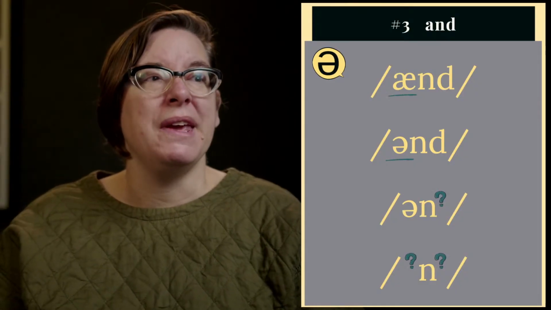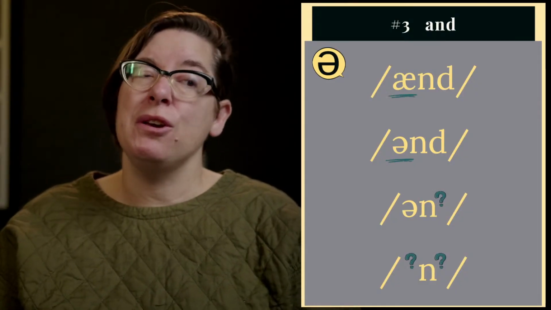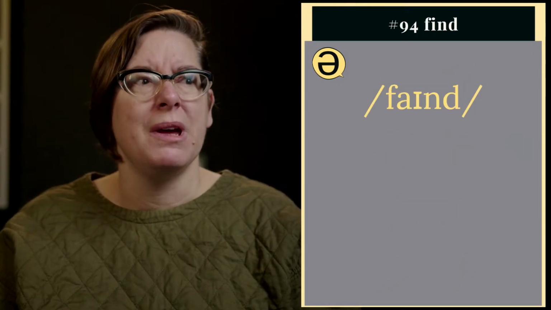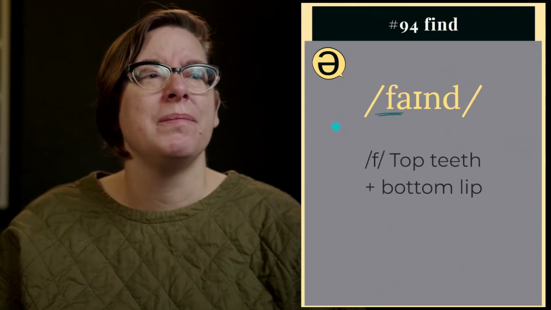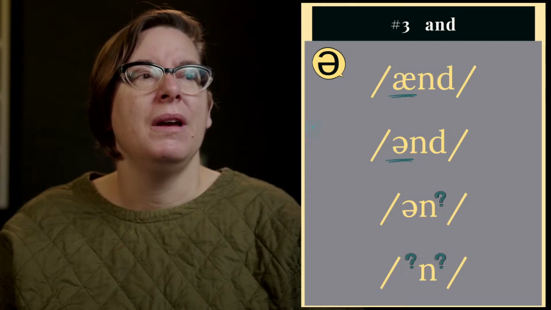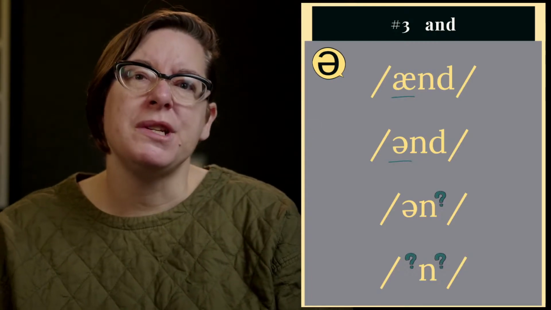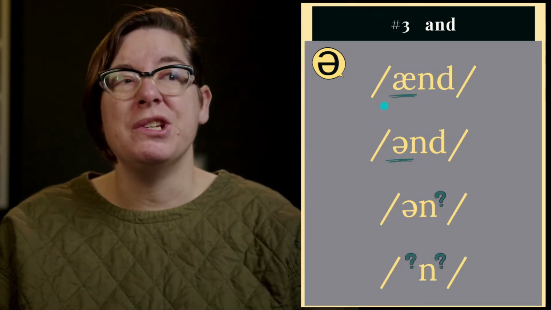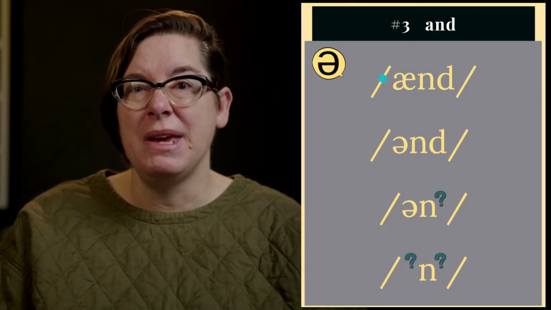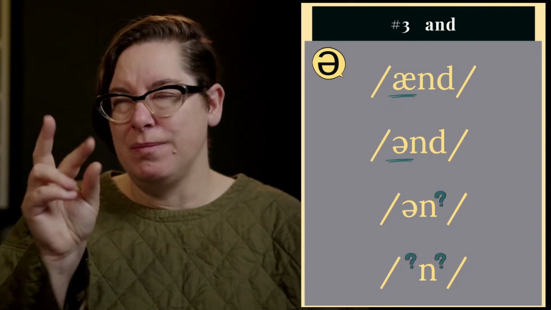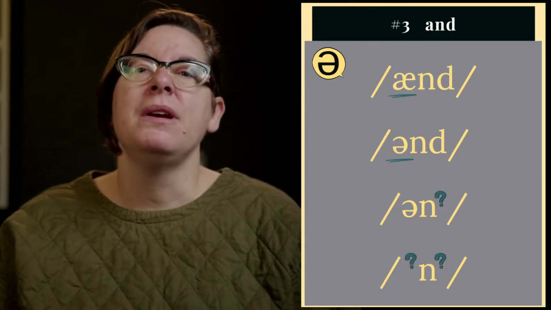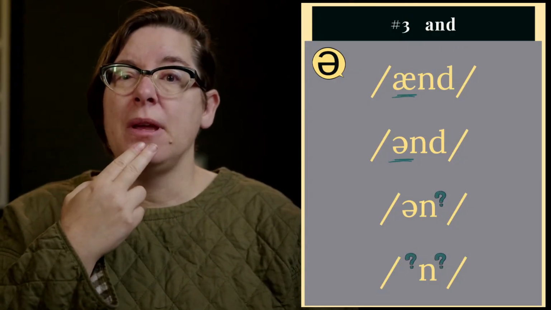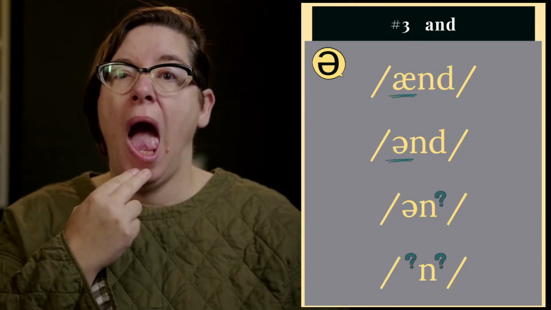So I've got the A sound, I've got the schwa sound, and then I've got something else going on at the end. Whoops, let me go back, sorry. There we go. So let's look at the vowels first. This one, which is like an A and an E together, it's only one sound, even though it kind of looks like 2 vowels together. So I'm going to open my jaw as much as possible. My tongue is going to go in the front.